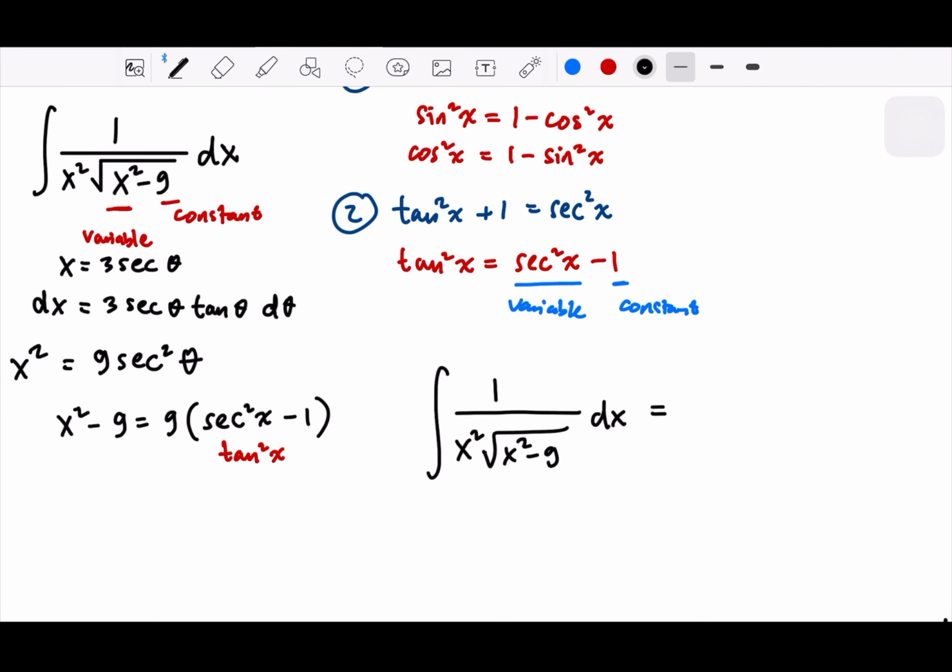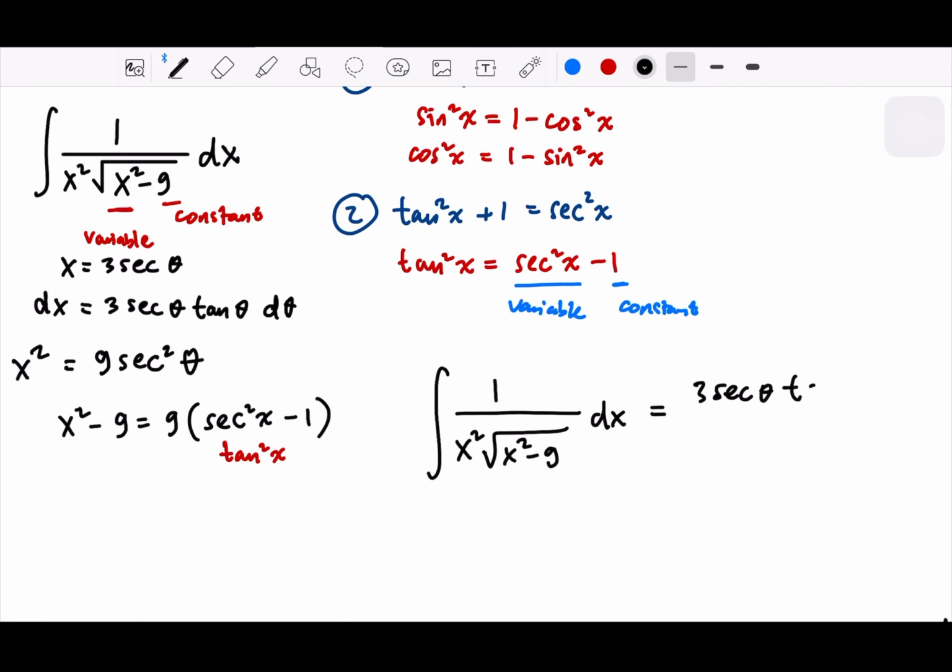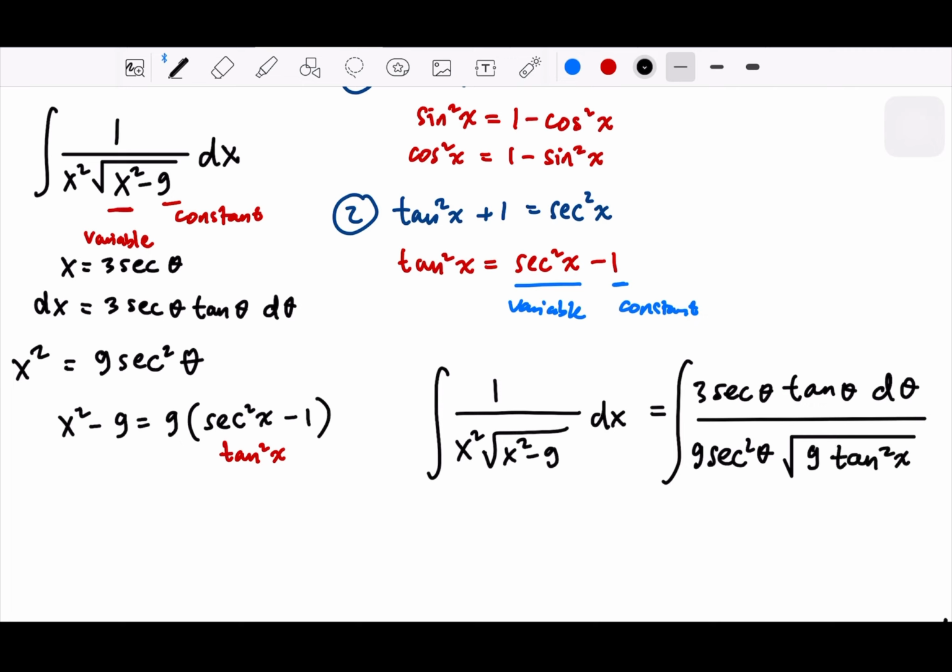This can be written as dx changing to 3 secant theta tangent theta d theta, and then the x squared is 9 secant squared theta, and the square root of x squared minus 9, as we mentioned before, becomes 9 secant squared minus 1, or this is going to be 9 tangent squared, with theta now.